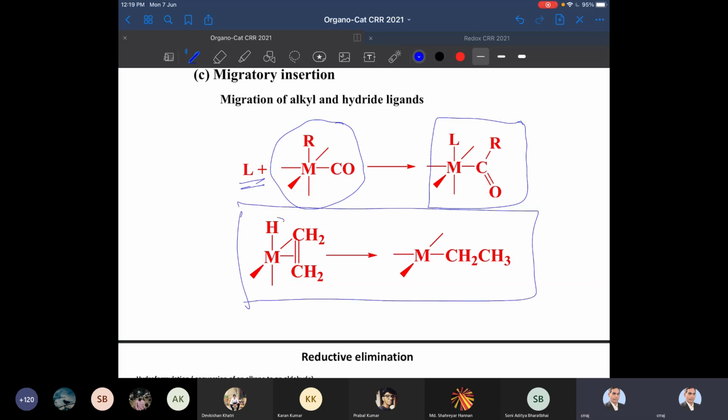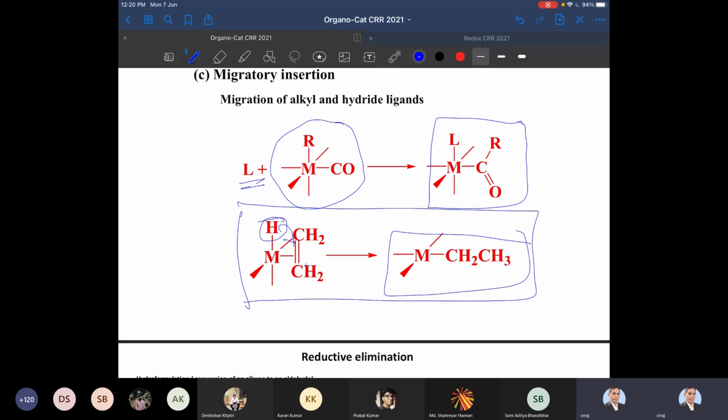Here I have a hydrogen. This is the alkene complex. What is happening here? The migratory insertion takes place; you go here, and as a result, it comes here. Why I have shown this is that you may be asked to find the migratory inserted product, not necessarily from the hydrogenation or from your Monsanto acetic acid synthesis.